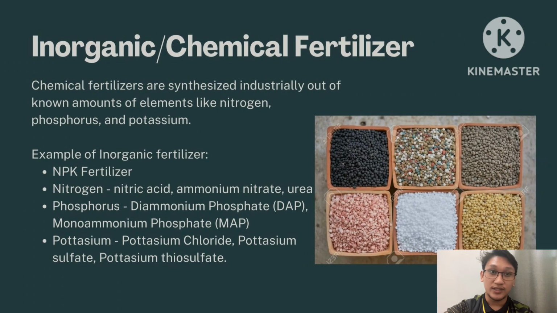Next, let's take a look at inorganic fertilizer or chemical fertilizer. Chemical fertilizer is a type of fertilizer that contains a mixture of essential plant nutrients including nitrogen, phosphorus, and potassium in their inorganic form.